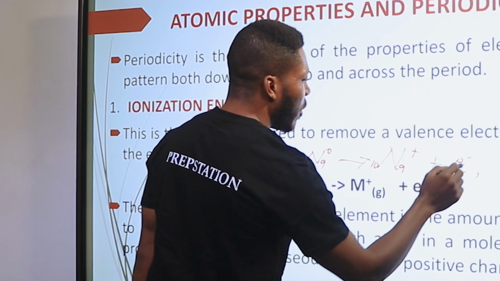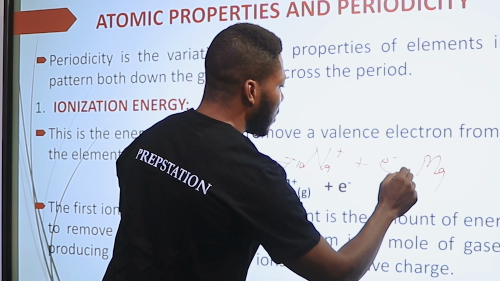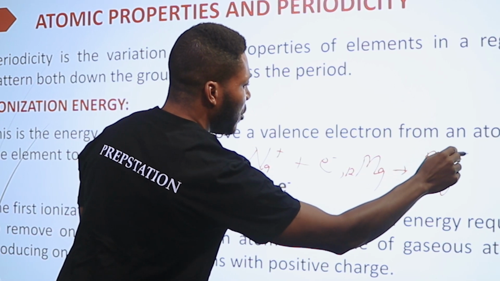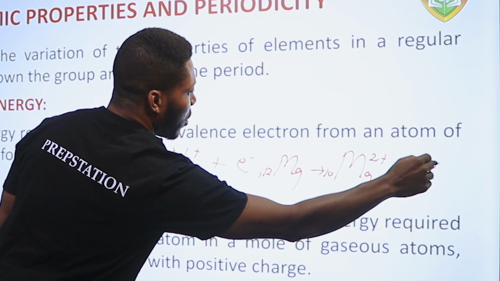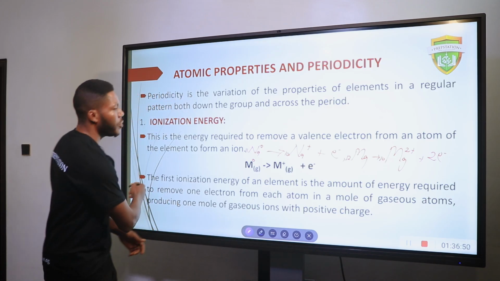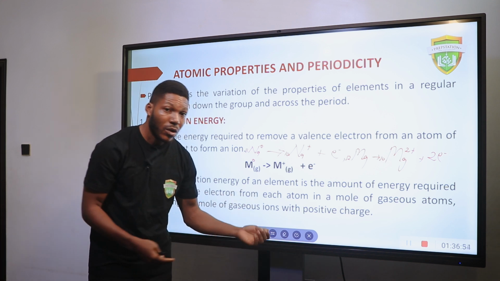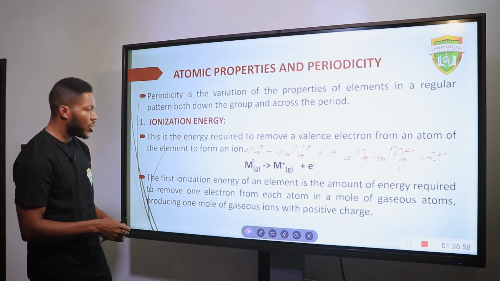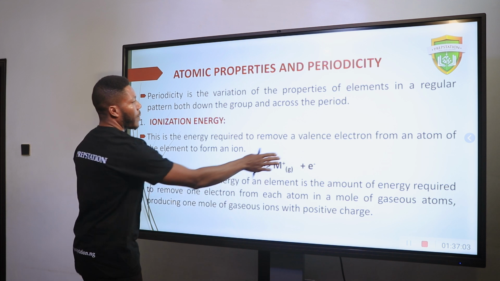If you look at group 2, let's say magnesium, which has atomic number 12, when it loses electrons it becomes Mg2+ with 10 electrons, and you balance it with 2 electrons. So this process in which there is a loss of electron to form a gaseous ion is called ionization energy. All right, so let's look at the trend.